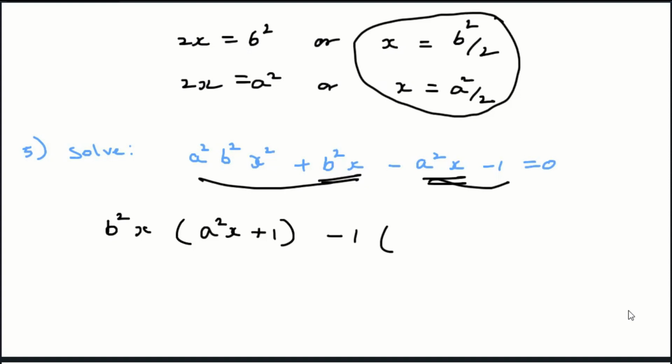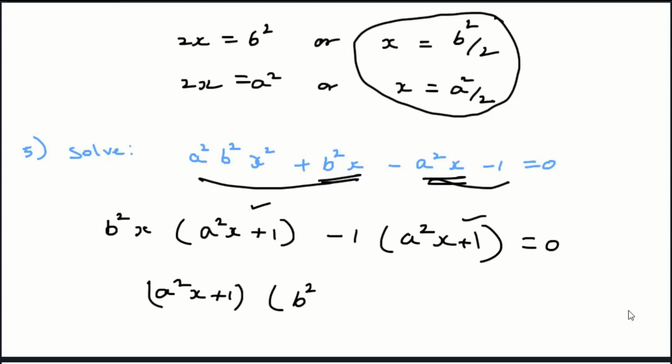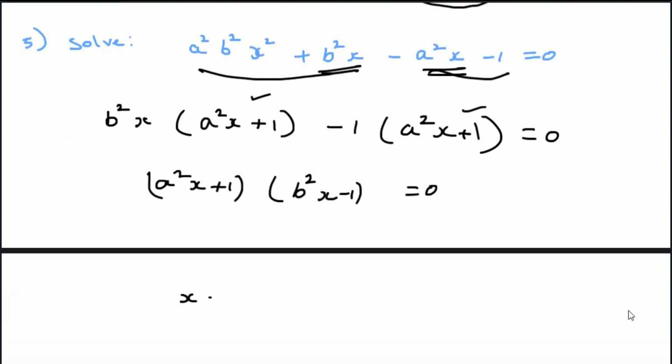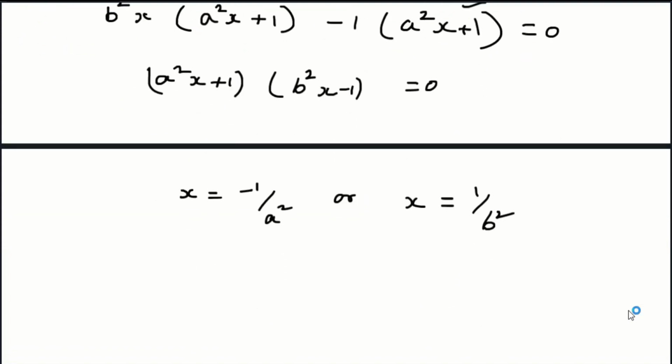Minus 1 is common, so a square x plus 1 equal to 0. So a square x plus 1 is same in both. A square x plus 1 is common, take out, then it is b square x negative 1 equal to 0. So you get it as x is equal to minus 1 by a square, or x is equal to 1 by b square. These are the answers.